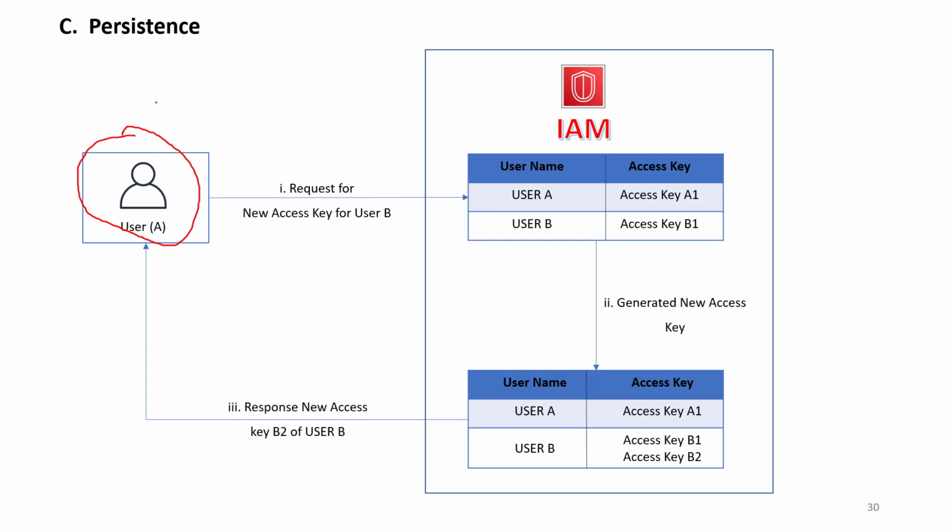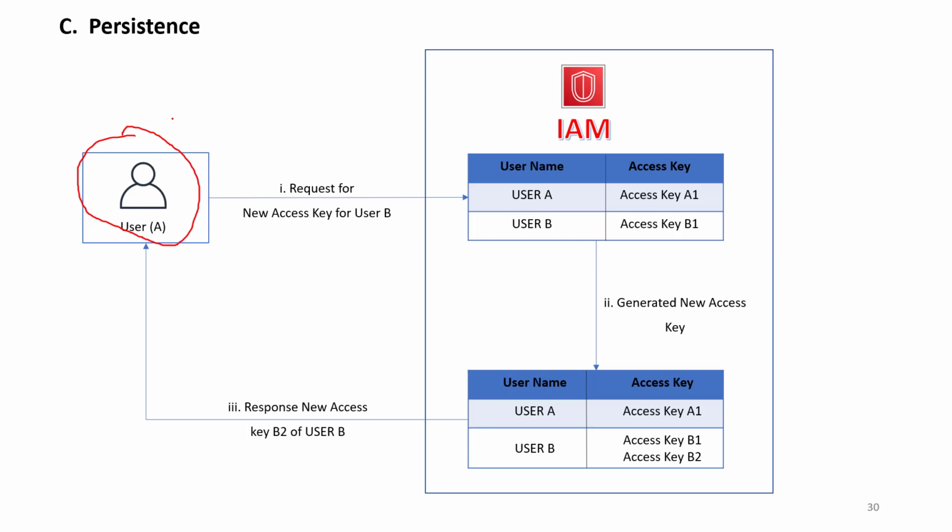If you compromise this user and you get this user's secret as well as access key, you can request another access key for a user B, which is less critical and which is rarely monitored. That will help you create the backdoor.